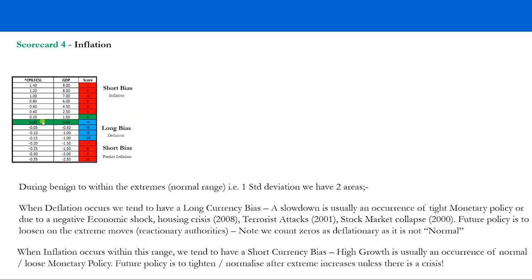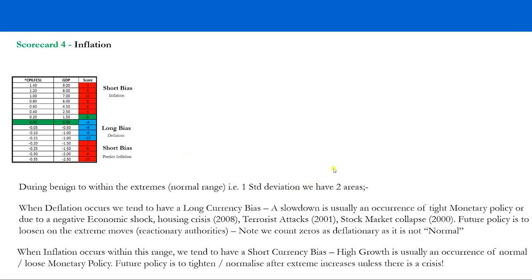And you can see here we have a zero value that is scored as a deflationary situation. And it's a minor deflationary score, so a minor long bias. This goes back to our analysis earlier when interpreting the numbers, that because inflation is so normal, ex food and energy, throughout history, the abnormal situation of zero can be considered to be deflation.